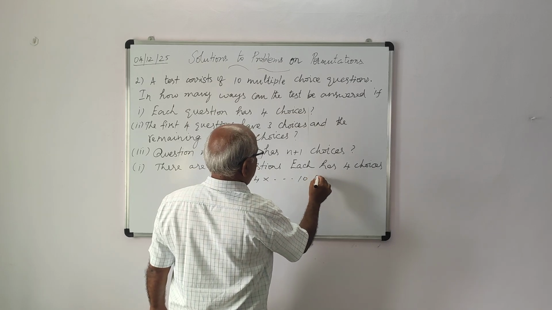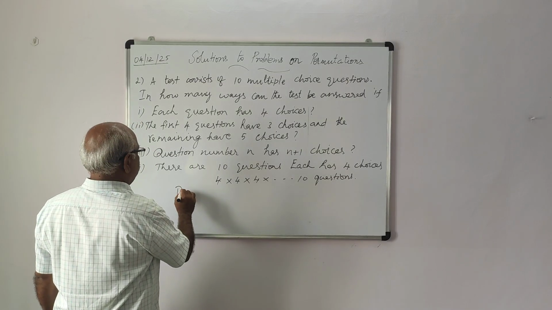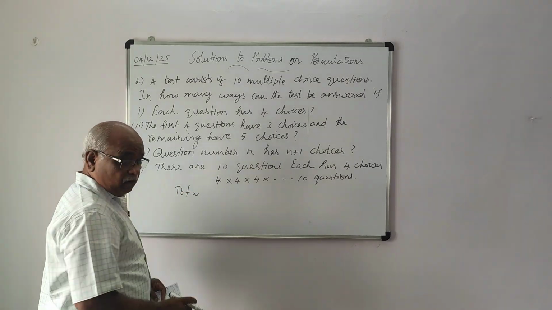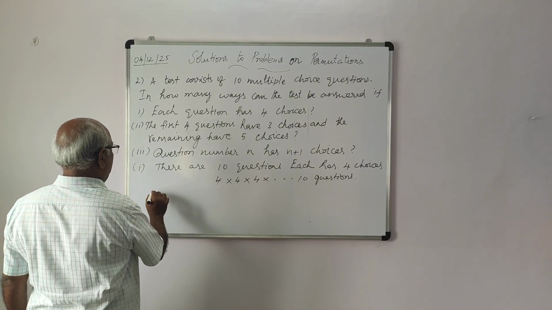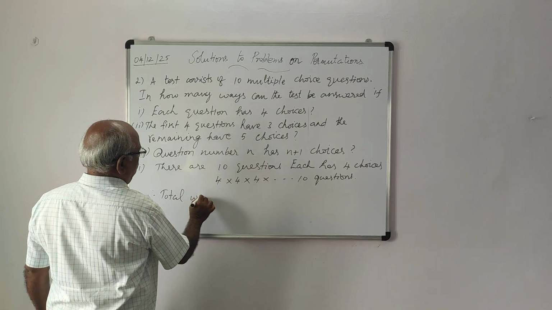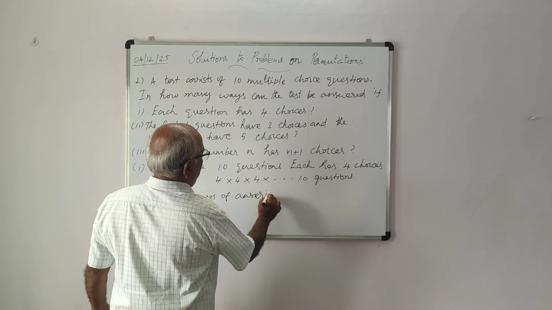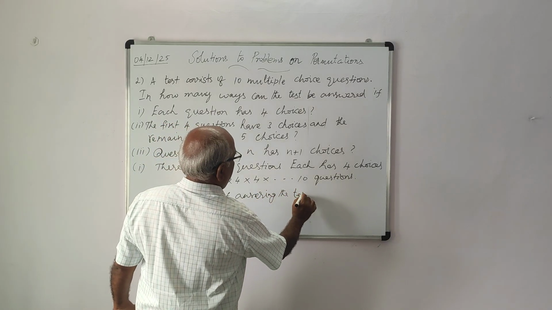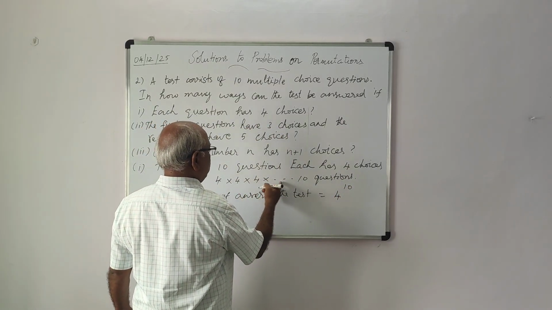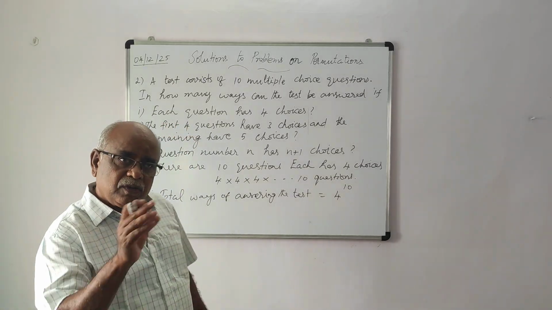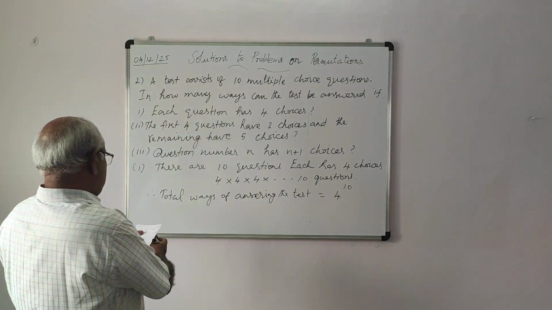Therefore the total ways of answering the test is 4 power 10: 4 into 4 into 4, 10 times, because there are 10 questions and each question has 4 choices. That is your first condition.